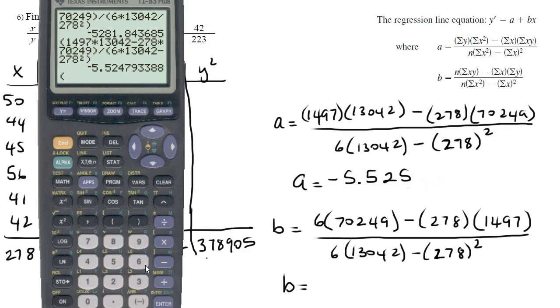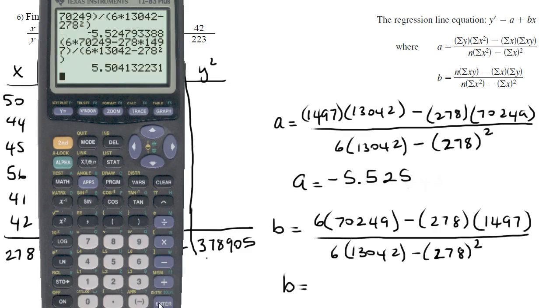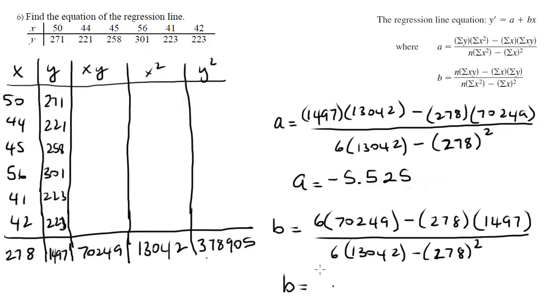In my numerator, 6 times 70249 minus 278 times 1497, divided by, open parentheses again, 6 times 13042 minus 278 squared. 5.504. So we have all of that.